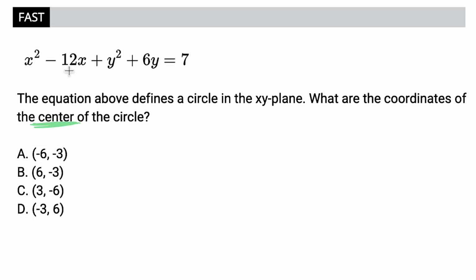So since this is negative 12, it becomes positive 6. Since this is positive 6, it becomes negative 3. Negative divided by 2. And that's the shortcut that you can use once you memorize it.